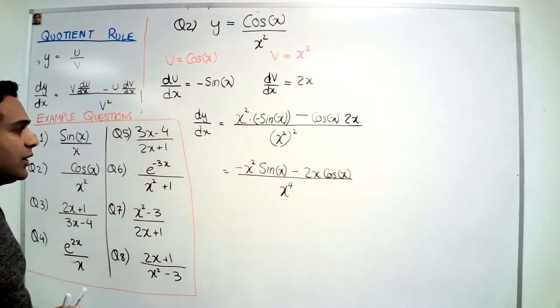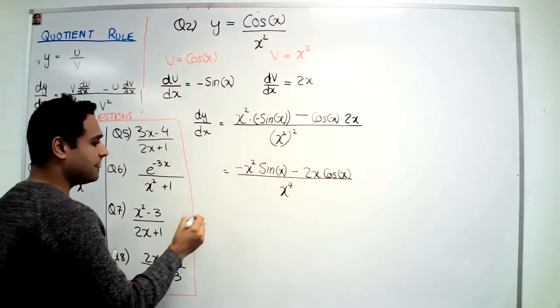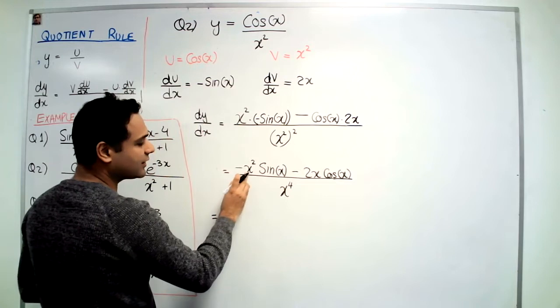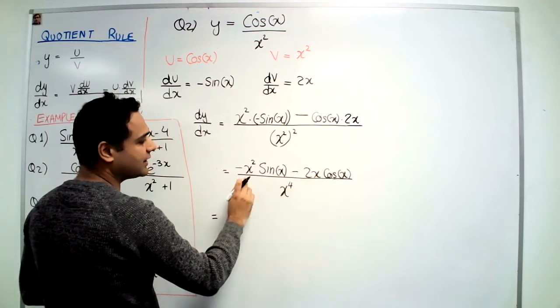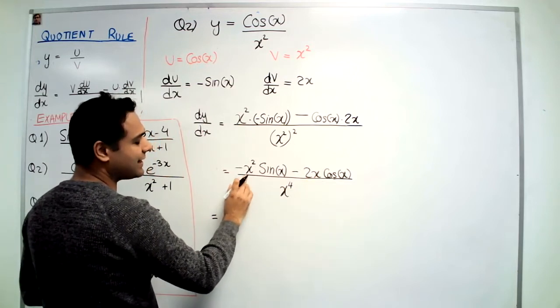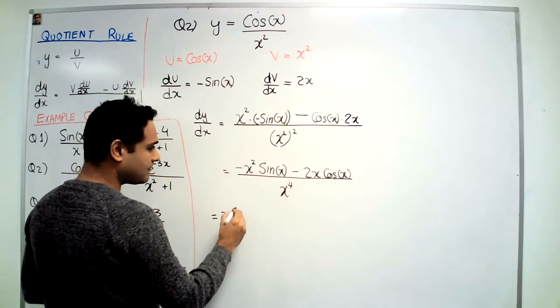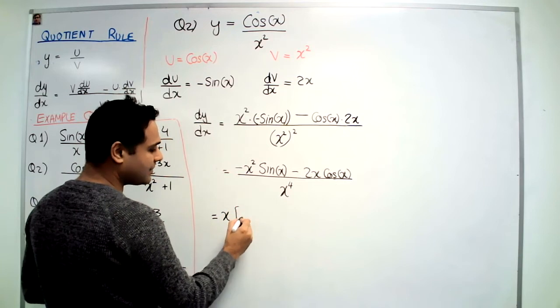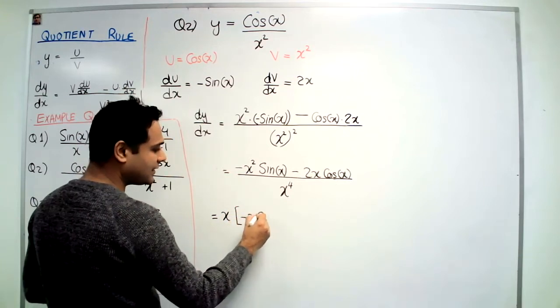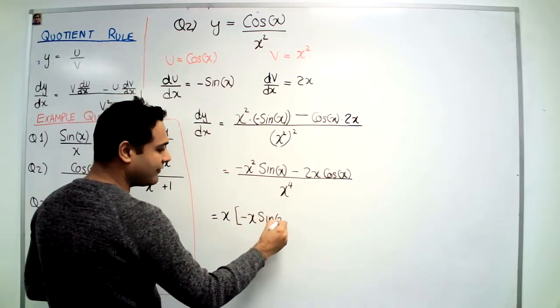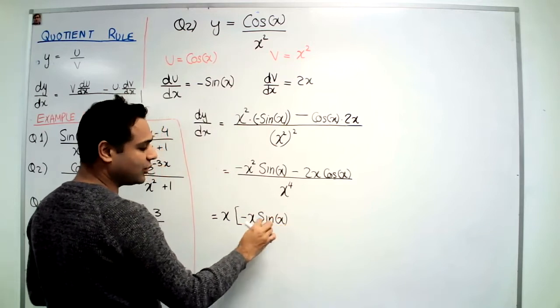Now you can further simplify it. If you have a look, there's an x here and there's an x here. So if I take x common, I'm left with minus x sine x. Obviously, you cannot take this x common from here.